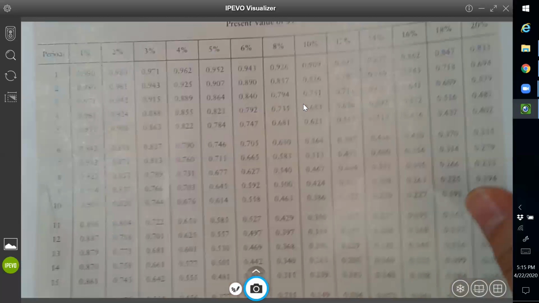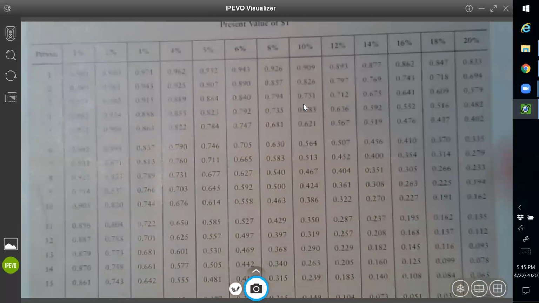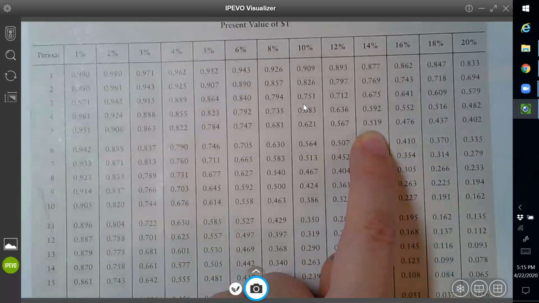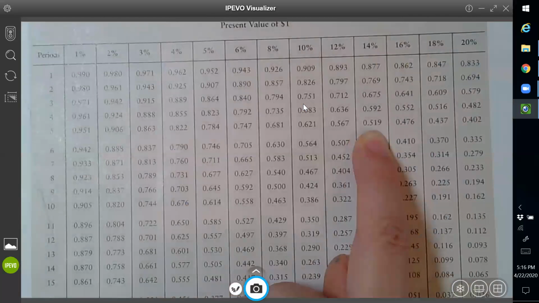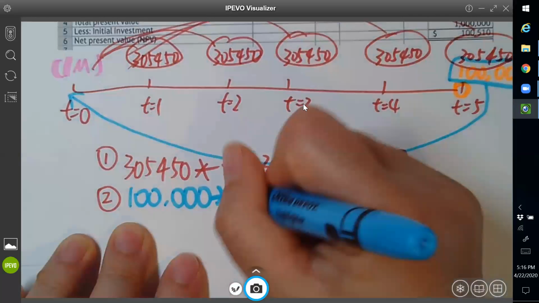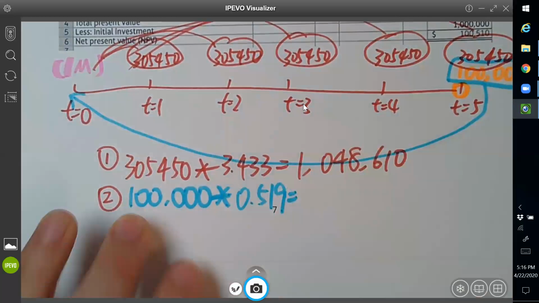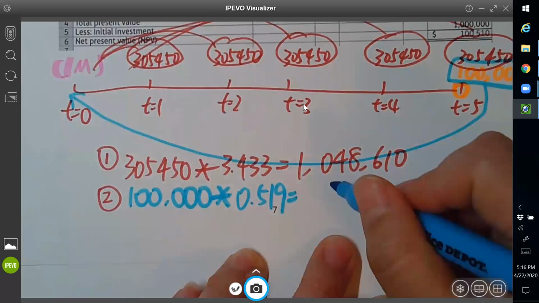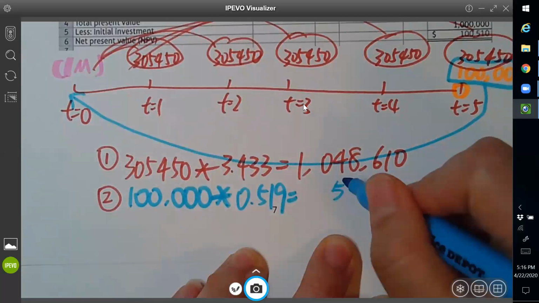So we use Table A: r is 14%, 5 years, at the end of the 5th year. The discount factor is 0.519. So for this set of the cash flow, your present value will be 51,900.